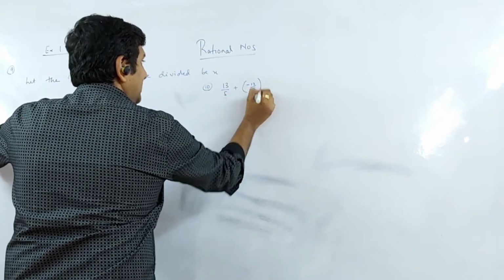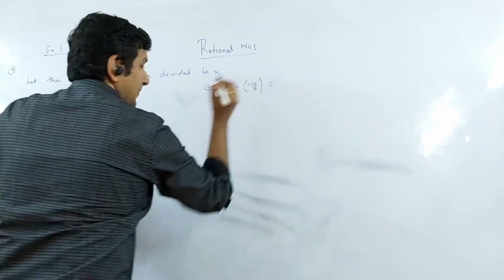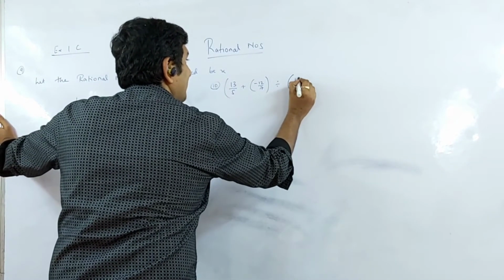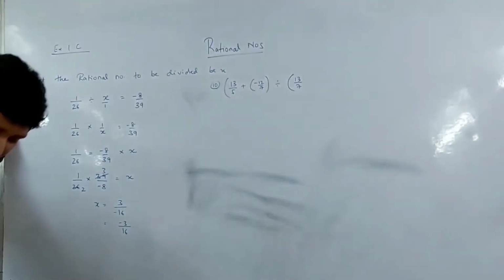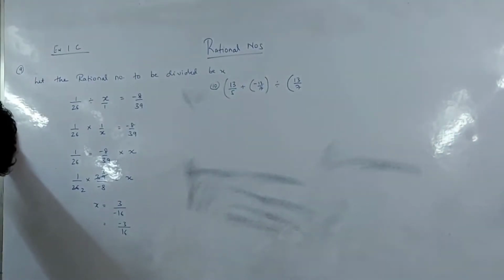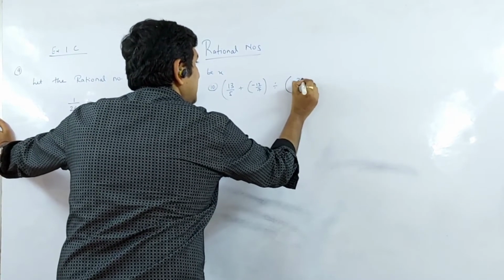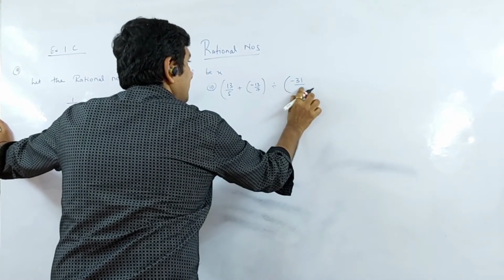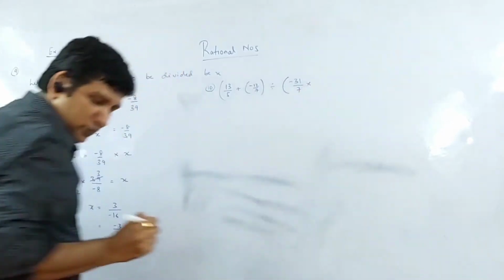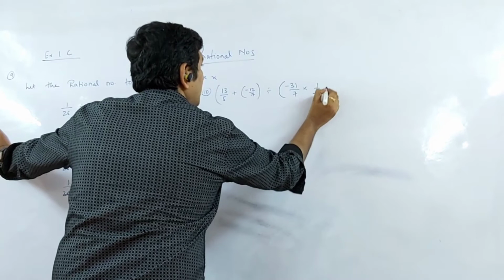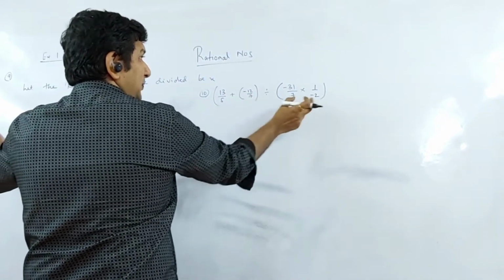We have to divide this sum by the product of minus 31 upon 7 into 1 upon minus 2. Product is multiplication, students.